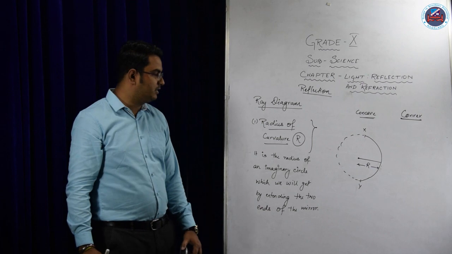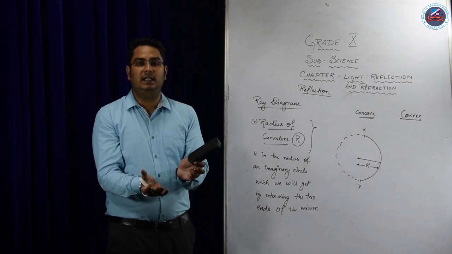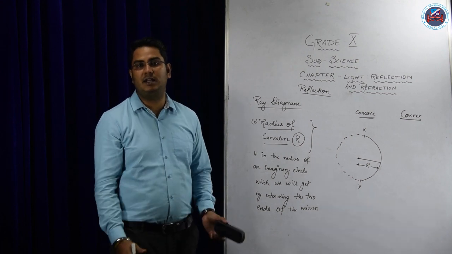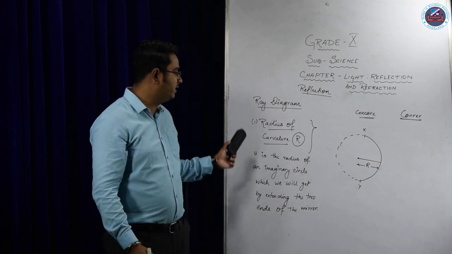That circle is an imaginary circle, and its radius is called the radius of curvature.